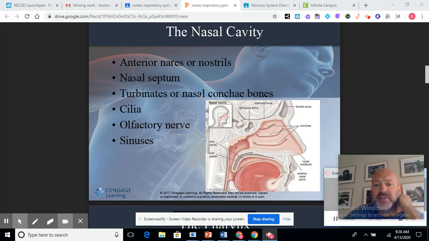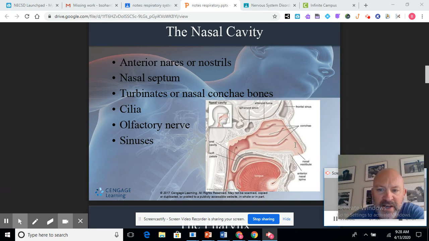The nasal cavity is pretty important because as we bring in the air, most of the time it comes through the nostrils. There are a lot of capillaries in here. And what that does is it creates a warm environment. There's also mucus in here. The mucus does a couple things. First thing it does is it helps to moisten the air.